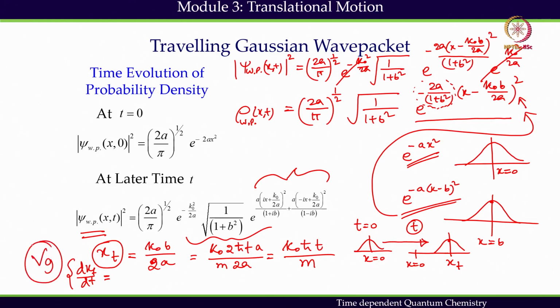That's the definition we have given. The velocity of the envelope in a Wavepacket is given by the group velocity, which is nothing but k naught h cut by m. What we observe here is that the particle represented by the Wavepacket is now traveling with this k naught h cut by m velocity, the group velocity.